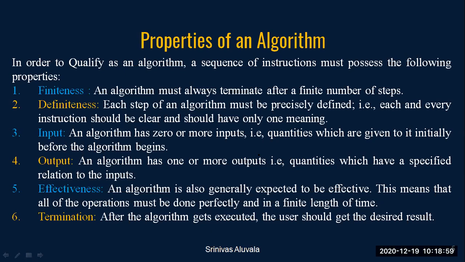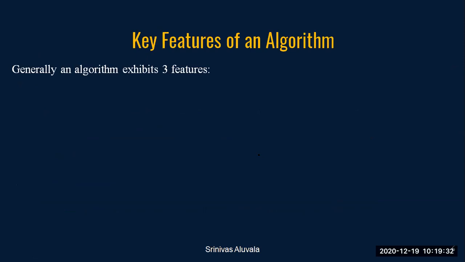Now it might be clear to every one of you that writing anything in sequence is not an algorithm. Writing steps in order is not an algorithm. What is an algorithm? An algorithm should have finiteness, definiteness, input, output, effectiveness, and termination. So this sequence of steps is a method which possesses all these properties, giving us a result to our problem. Then we call it an algorithm.